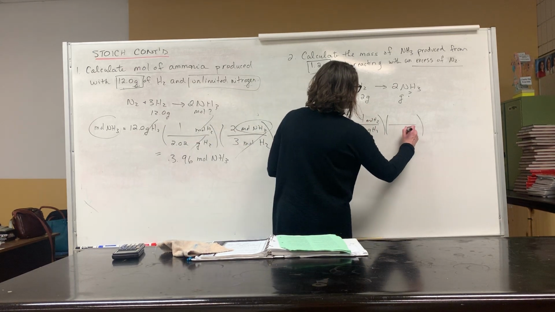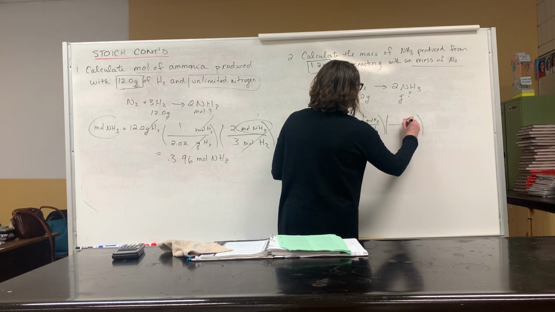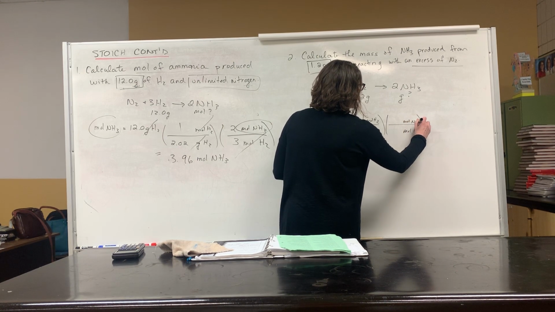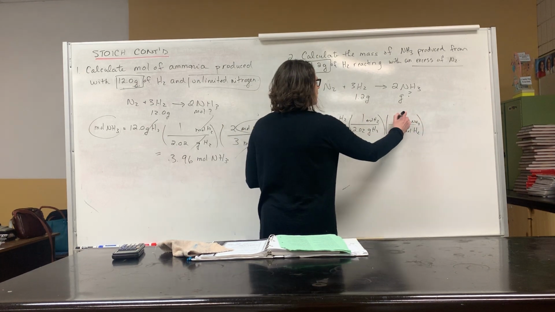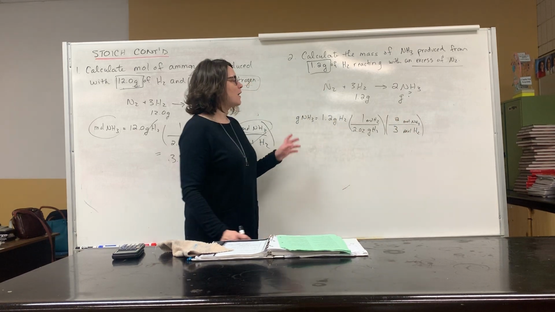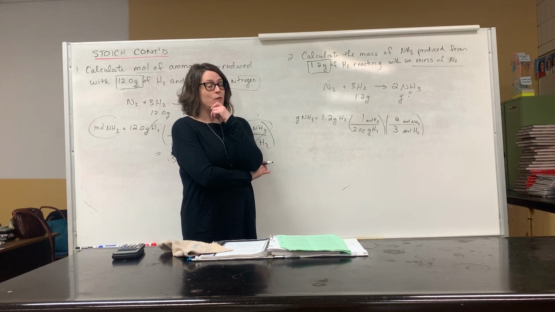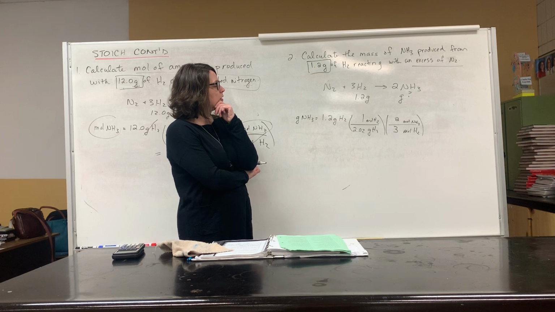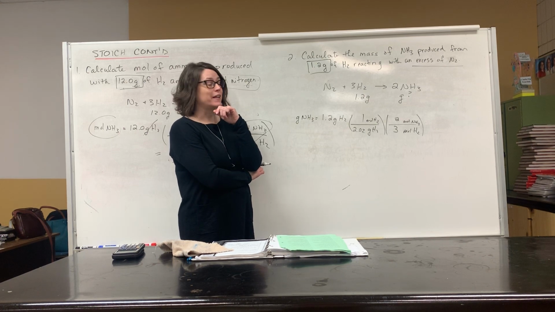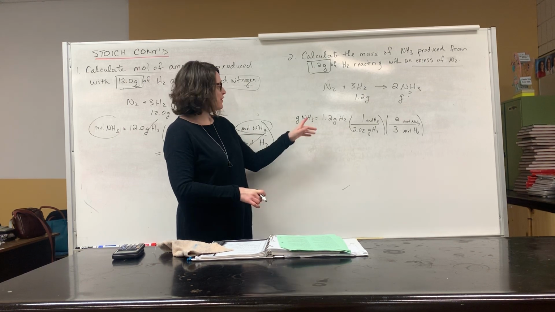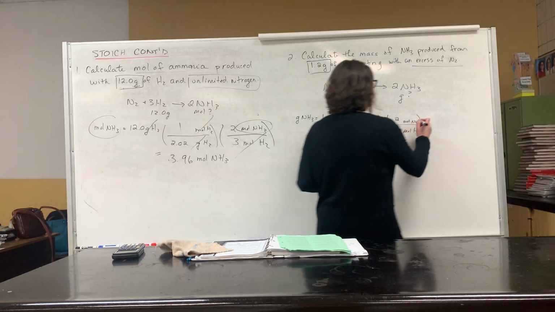So moles of H2 on the bottom, moles of NH3 on the top, ratio between them, 2 to 3. Now, if you stopped your problem right now, what unit would you be in? Yeah, you'd be in moles of NH3. You don't want moles of NH3, you want grams of NH3. So you're going to need another bracket.